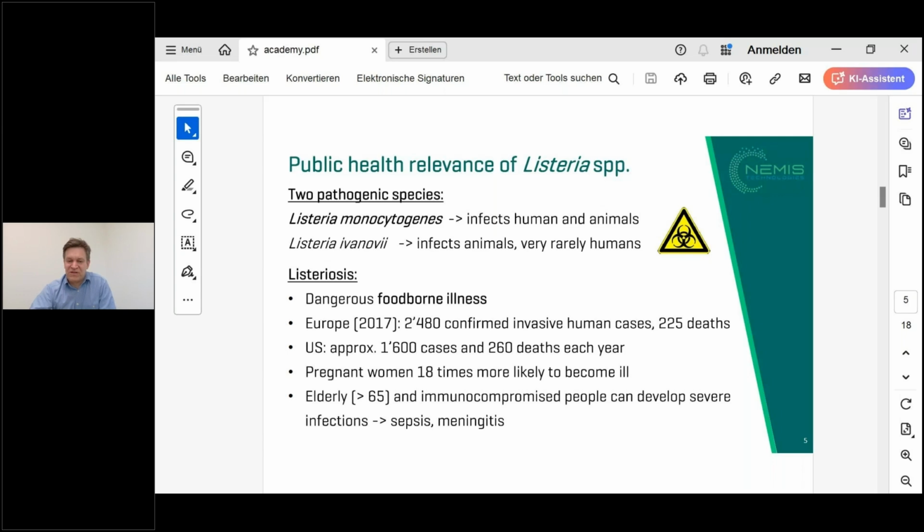Then, a growing group of people is the elderly above 65, and also other immunocompromised people, who have to use, for example, immunosuppressant medicine and so on. They can also develop severe infections with Listeria monocytogenes, which can lead to sepsis and meningitis, and these conditions can eventually also lead to death.